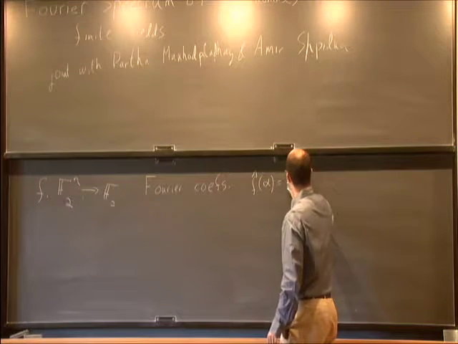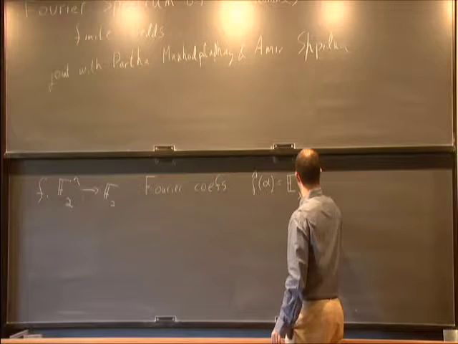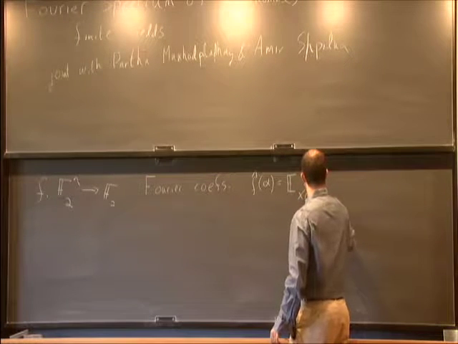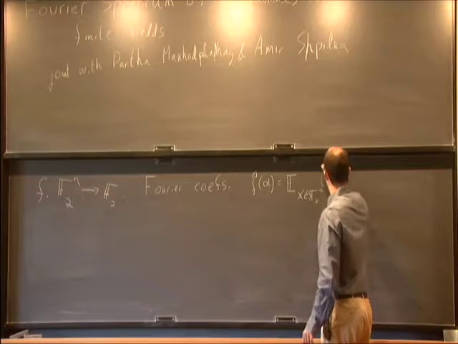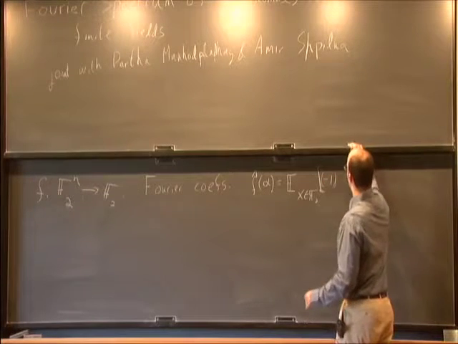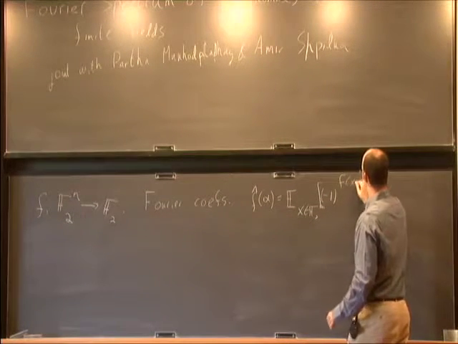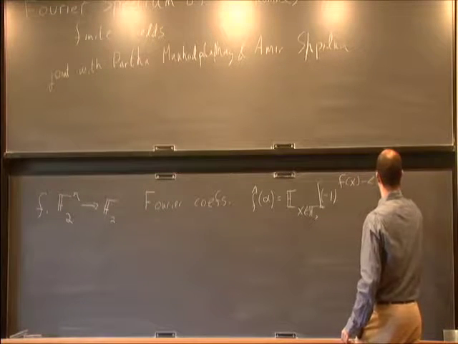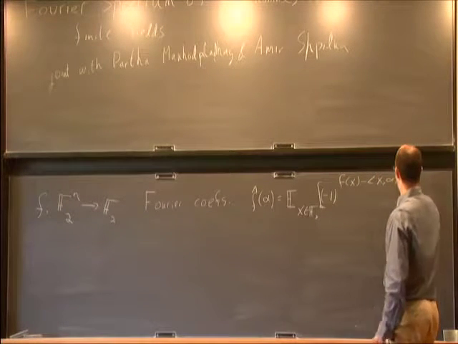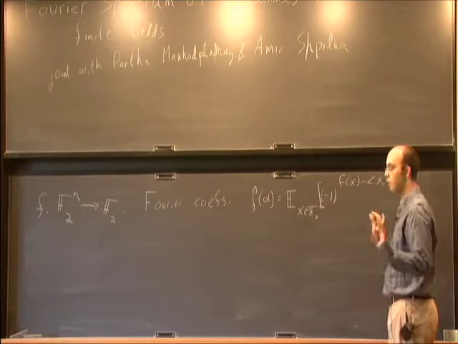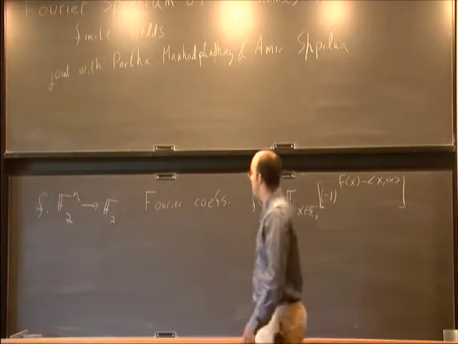That's just the average over a uniform input of the correlation between f of x and the linear function x alpha. Okay, so that's just the usual Fourier coefficients.